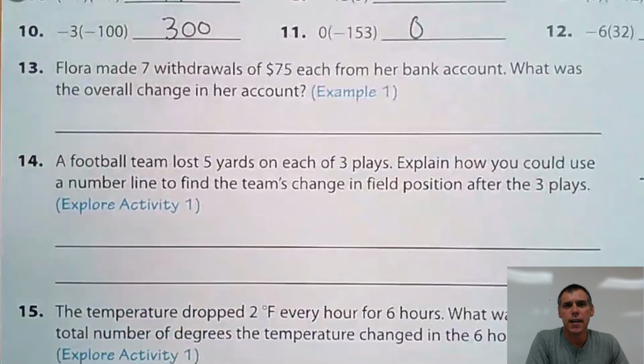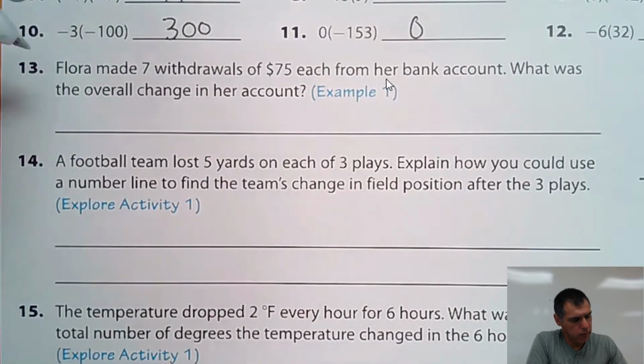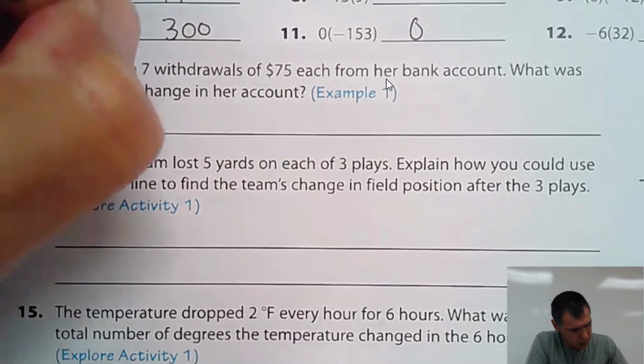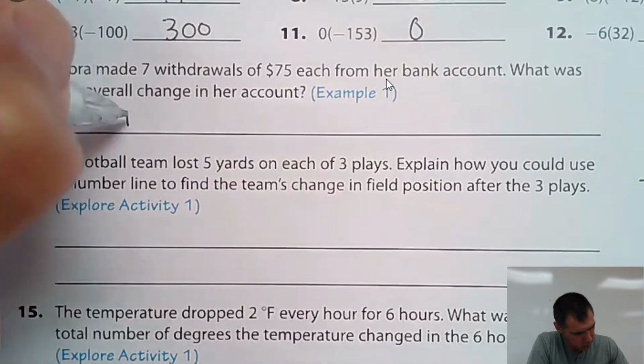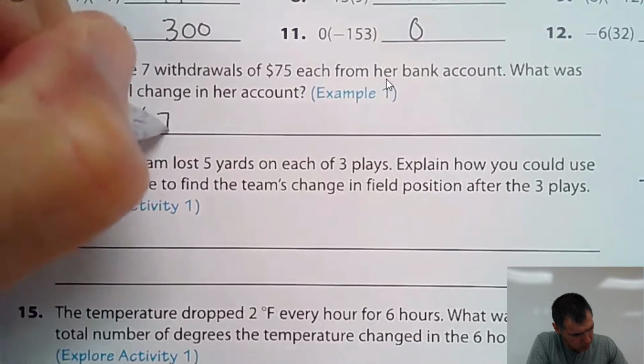Now let's look at the word problems, number 13. Flora made 7 withdrawals of $75 each from her bank account. What was the overall change in her account? So 7 times 75.